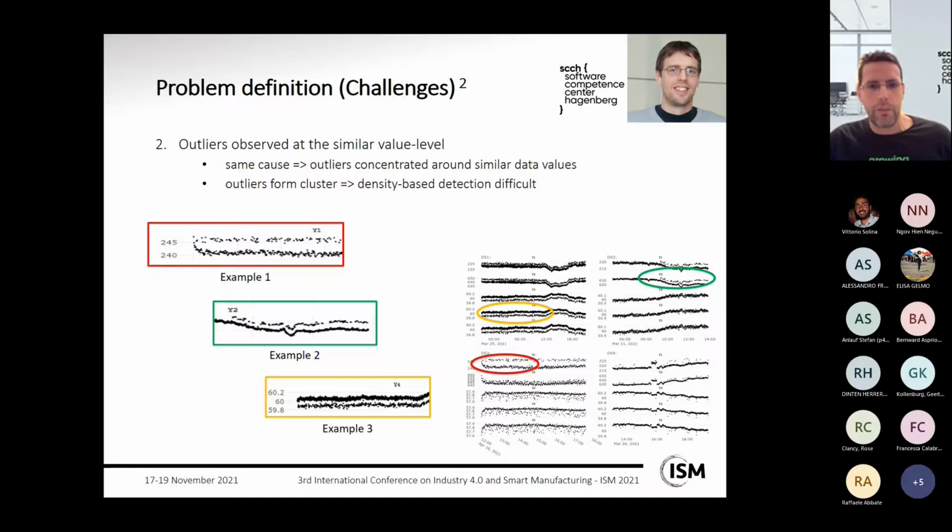For example, if one cavity is not filled properly, it had the same consequences in the data. But this means that the outliers themselves also form a quite frequent cluster, and this makes density-based detection methods difficult to apply.